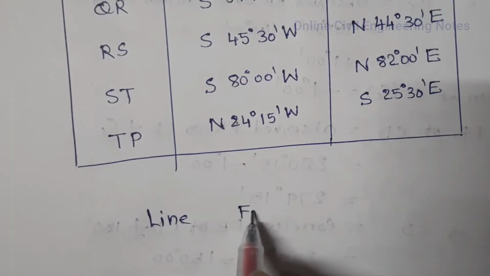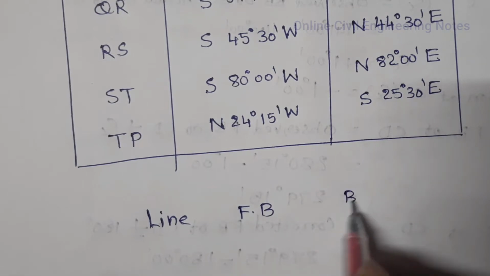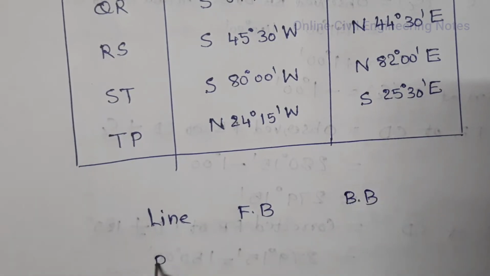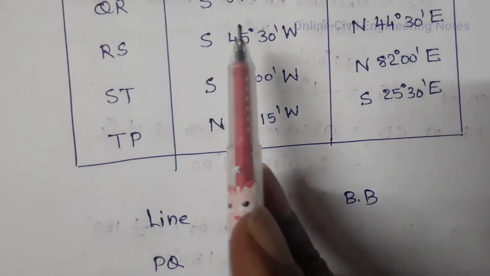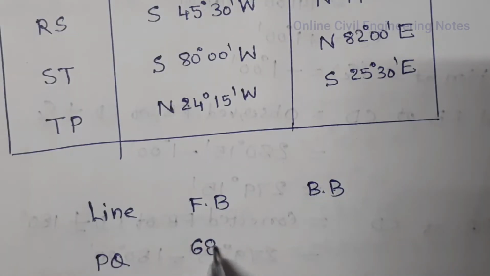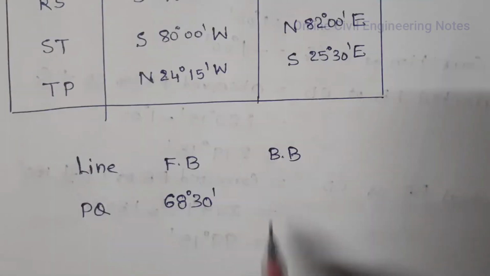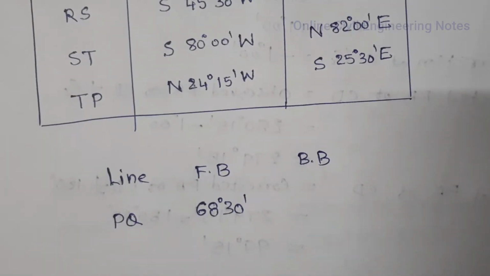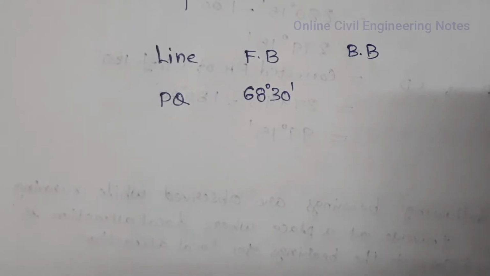Line, fore bearing and back bearing. PQ line: N 68 degrees 30 minutes is the whole circle bearing. Back bearing of PQ line is S 68 degrees 45 minutes.